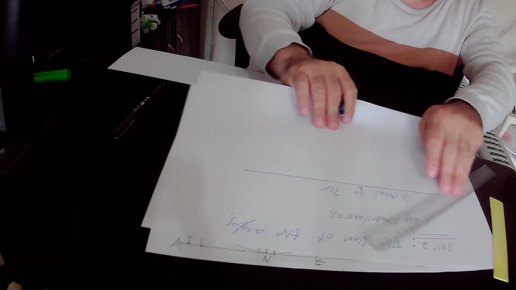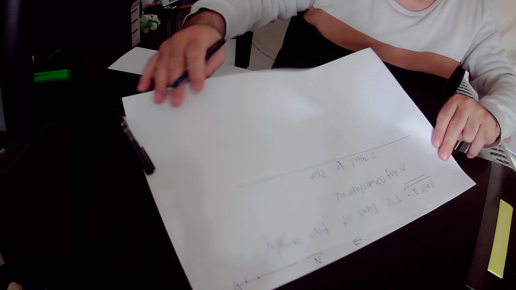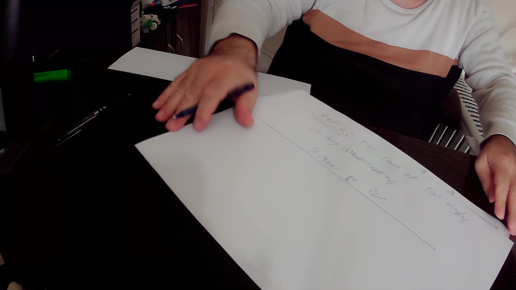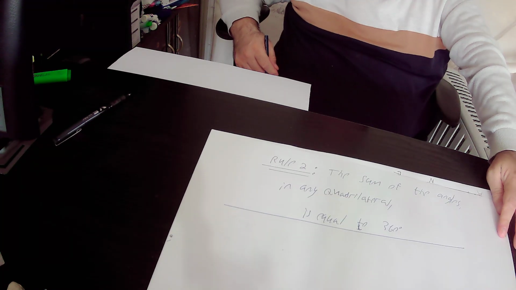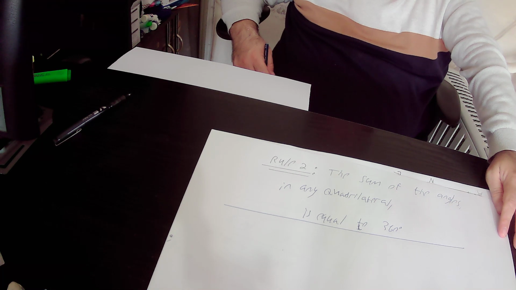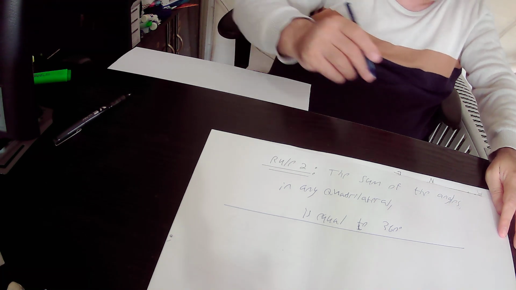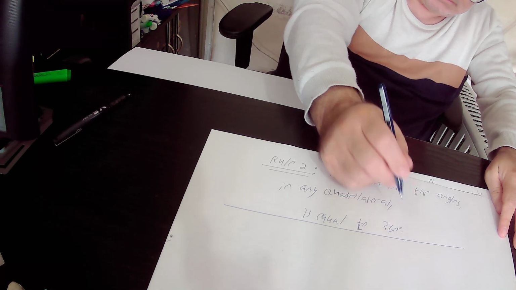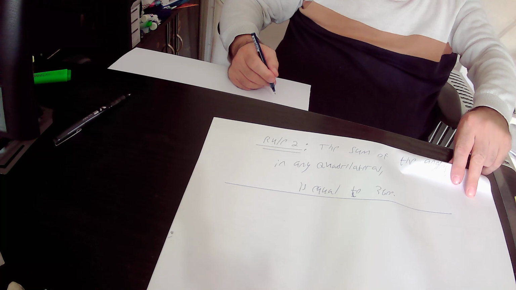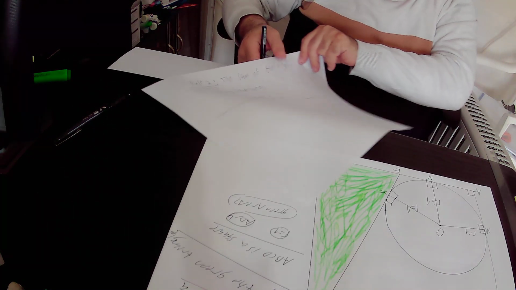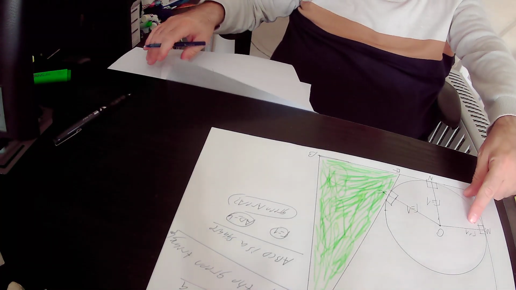So I read rule number 2 again. According to rule number 2, the sum of the angles in any quadrilateral is equal to 360 degrees. So we'll focus on this quadrilateral.